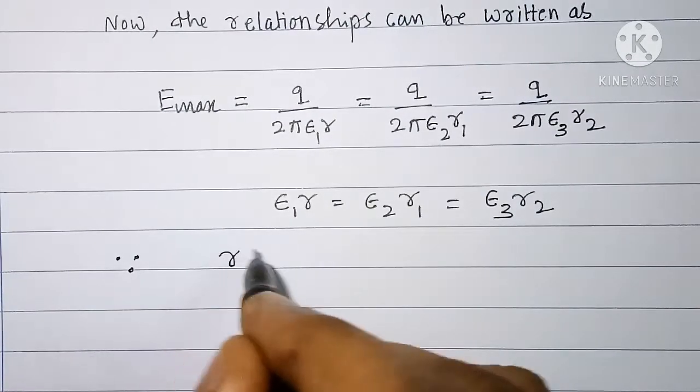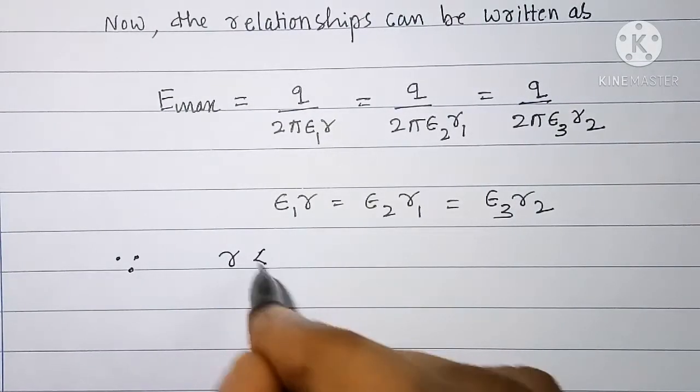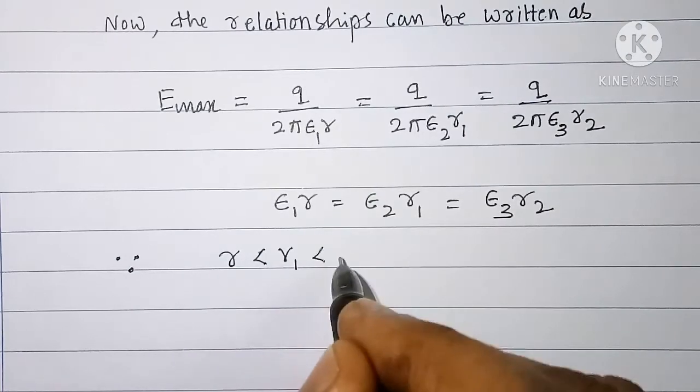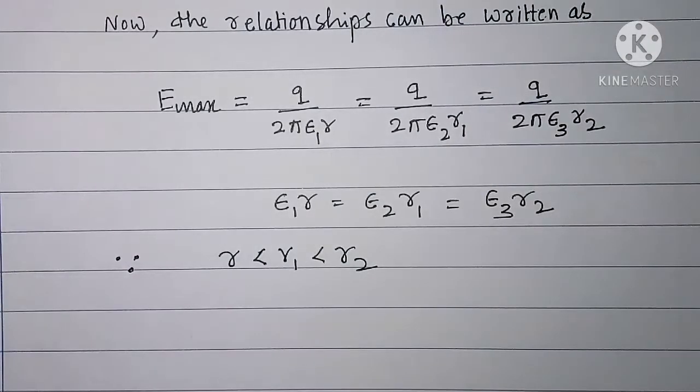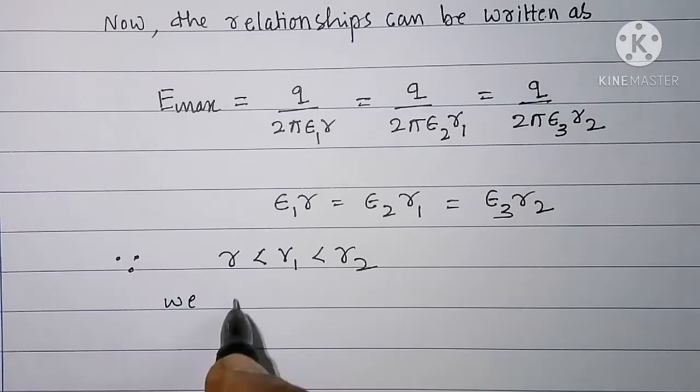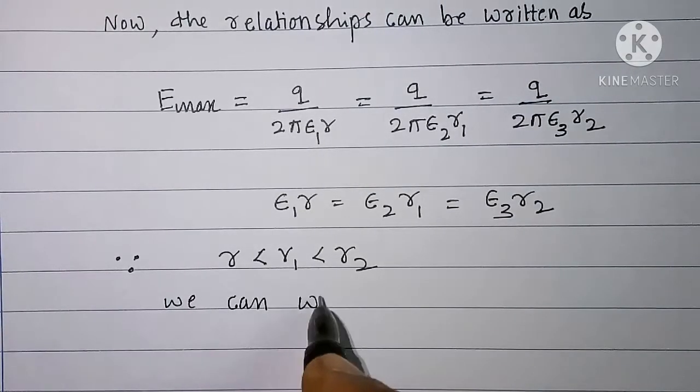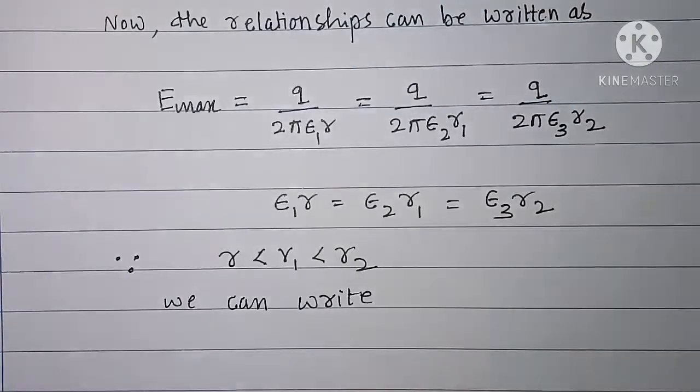Since r is smaller than r1 and r1 is smaller than r2, using this equality we can write epsilon 1 greater than epsilon 2, epsilon 2 greater than epsilon 3.